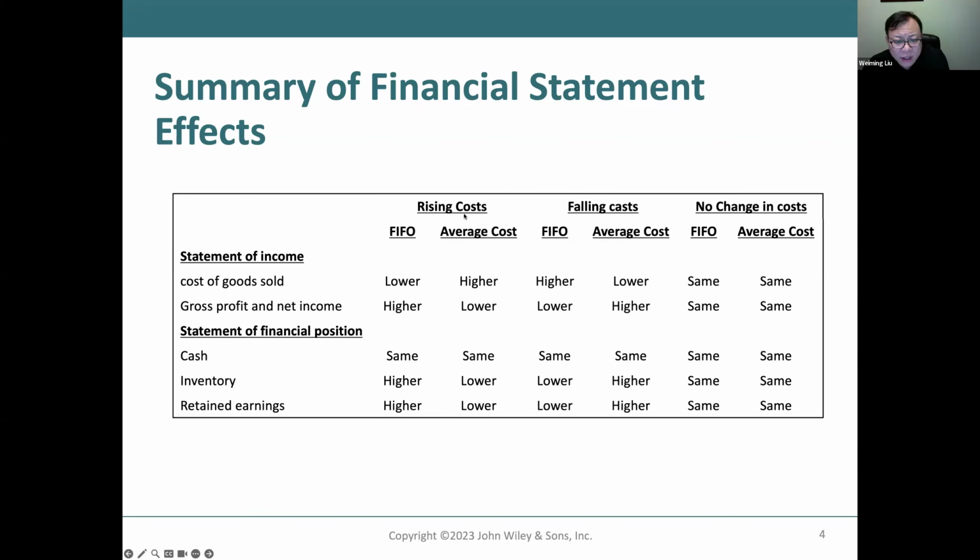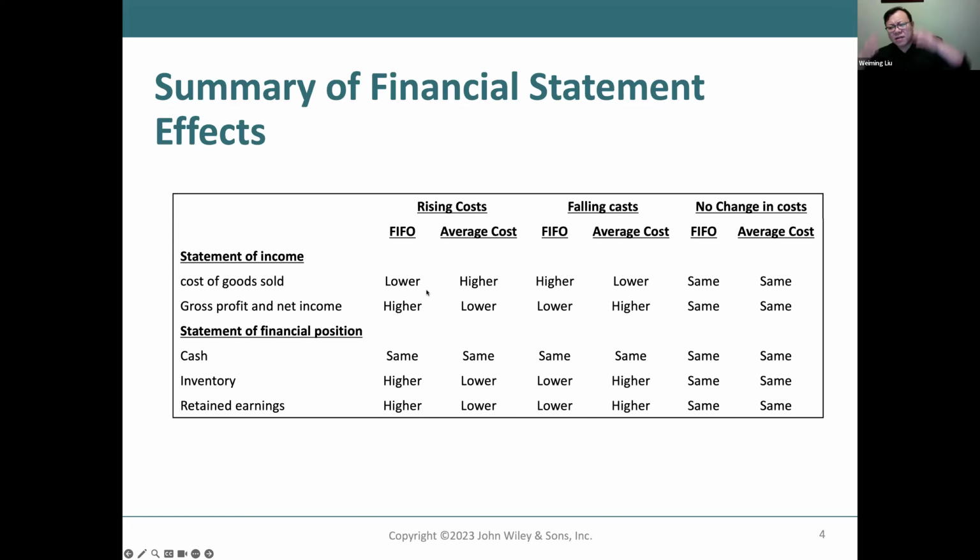For example, if you are in an economic environment where your cost price is rising, like right now because of inflation, everything is costing more and increasing. In that case, FIFO will cause a lower cost of goods sold.